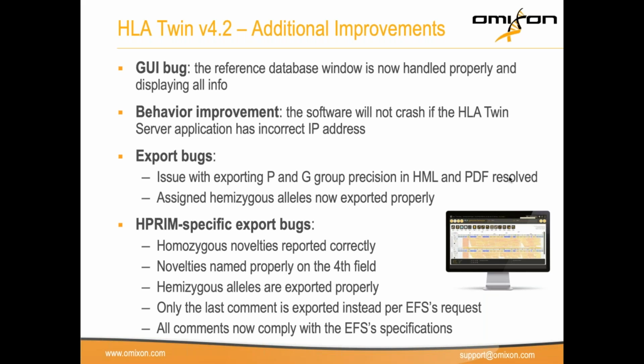Hemizygous alleles are exported properly. Only the last comment is exported instead of the entire history per EFS's request. And of course, all of the comments now comply with the EFS, the French laboratories, specifications. It's a very long list, but it is very, very specific, and it does require quite a bit of work. This is why it's very important.